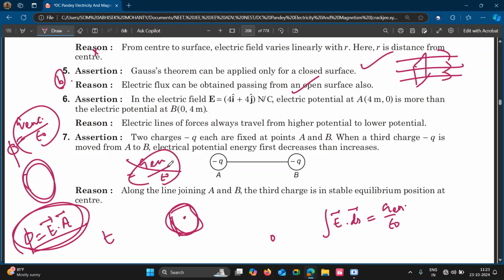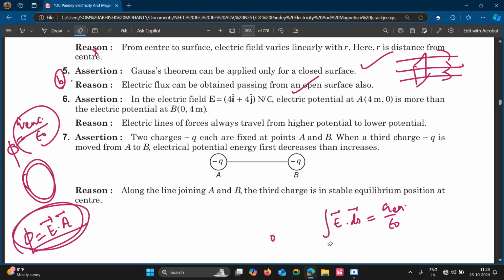Gauss law won't be applicable for it. Gauss law is for the calculation of electric field overall. The statement of Gauss law says the surface integral of electric field is equal to 1 by epsilon naught times Q enclosed. So eventually it is calculating electric field. So option B. This is correct, but this is not the correct explanation of this one.